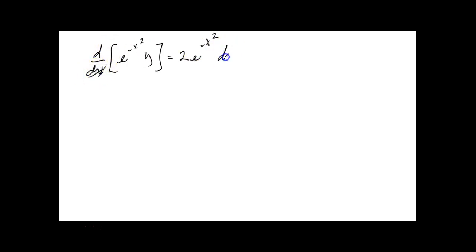Do a dx here, and then integrate this and integrate that, and you get e to the minus x squared y is equal to 2 times this non-elementary integral. It says we identify x0 as 0.